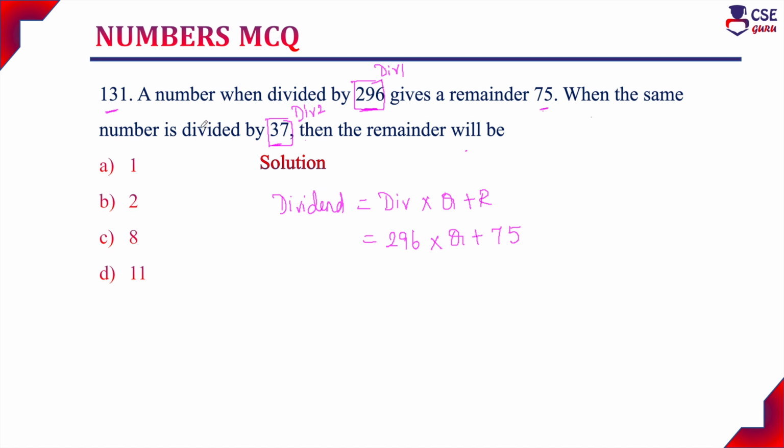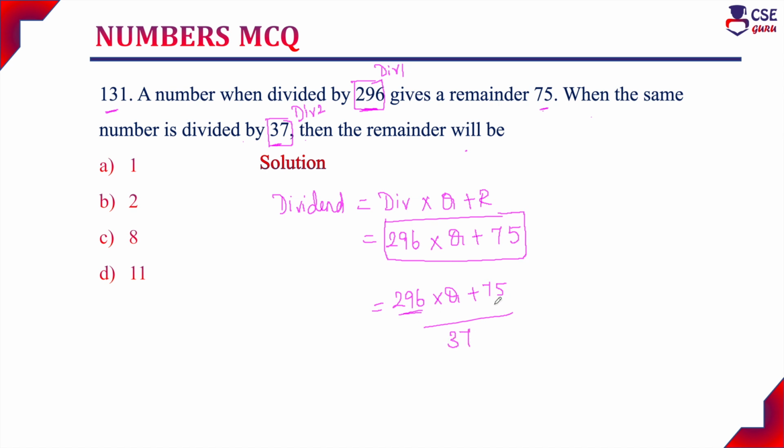So when the same number is divided by 37, if you consider this as the complete dividend, when it is divided by 37, consider it like this: 296 into quotient plus 75, divided by 37.